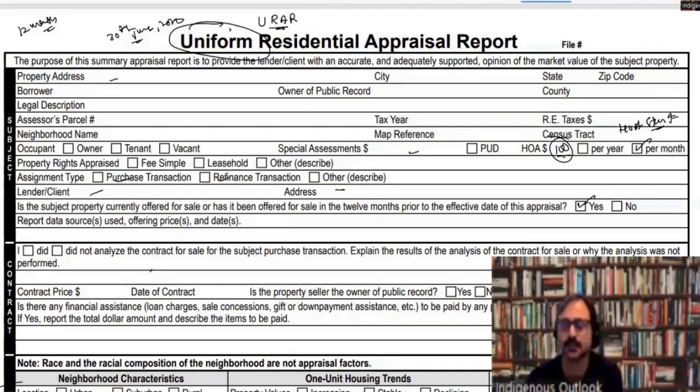And there could be certain guidelines which are going to restrict the LTV. For any property that was listed for sale within the last 3 months, there could be a guideline which might say the borrower cannot take more than 50% LTV.